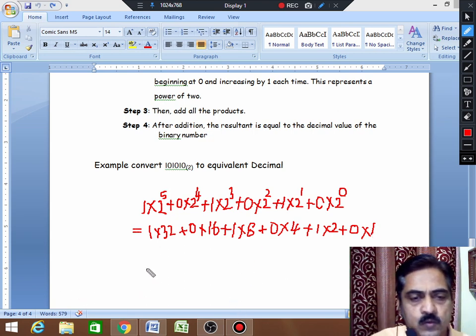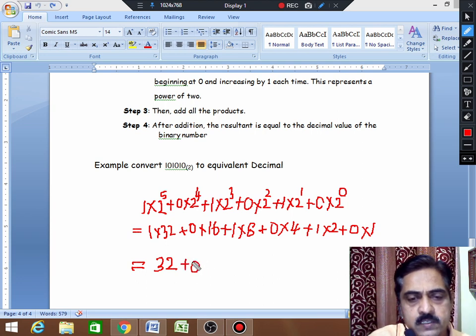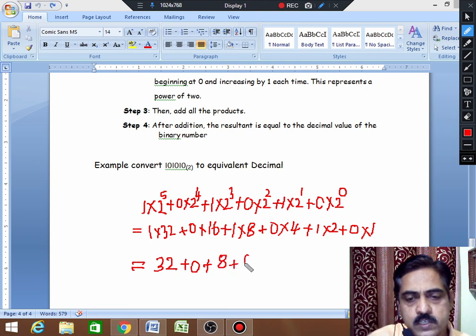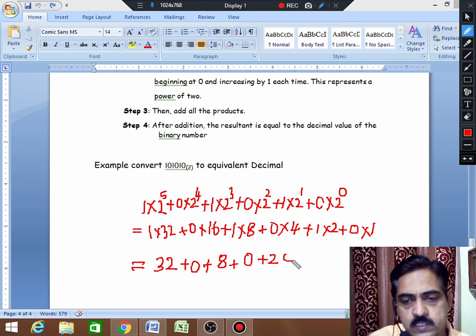Now in the third step, this is equal to 1 into 32, we are getting 32, plus 0 into any number is 0, plus 1 into 8 is 8, plus 0 into something is 0, plus 1 into 2 is 2, plus 0 into 1 is 0.